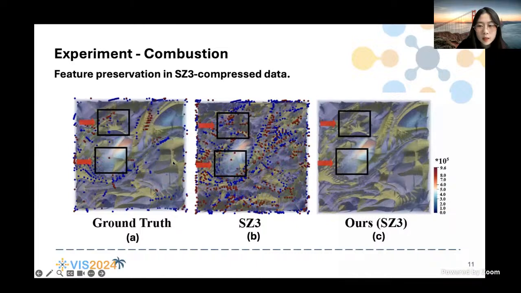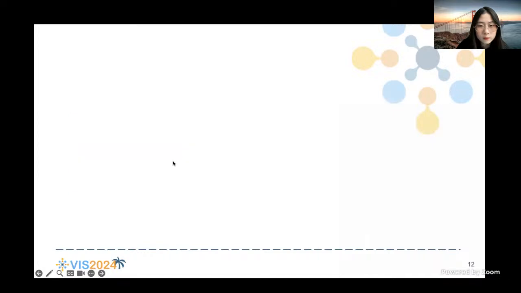And we can see that SZ3 would distort the MSS a lot, whereas our method could fully preserve the PLMSS. And as for the limitations and future work, our work could be optimized in various aspects.